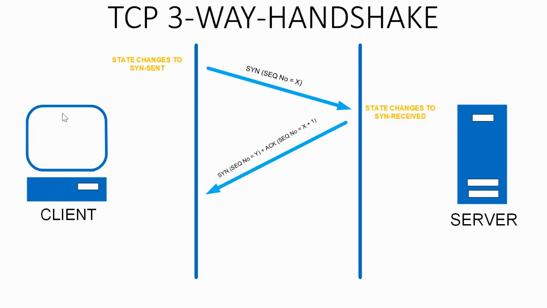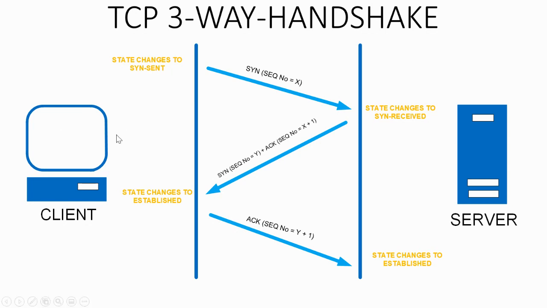In the second step, the server responds to the client's SYN with a SYN acknowledgement bit. In the third step, the client sends an acknowledgement bit which acknowledges the server's response and establishes a secure and reliable connection, which is established to help transfer application data.